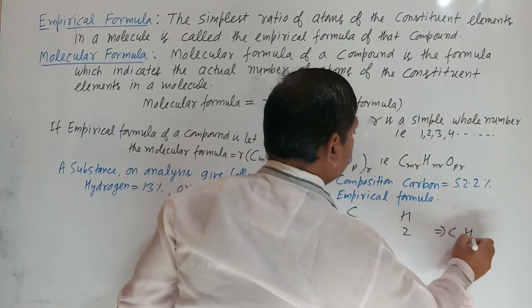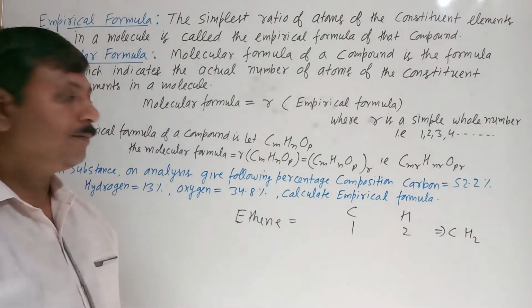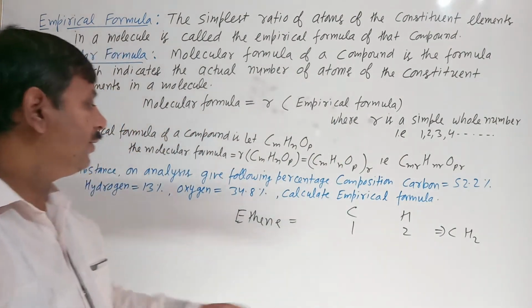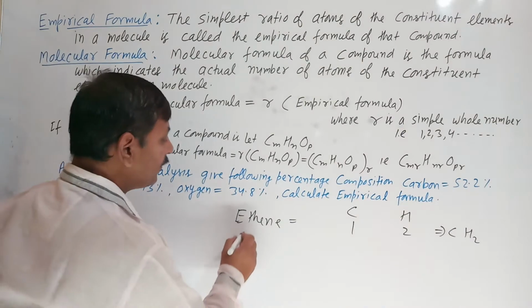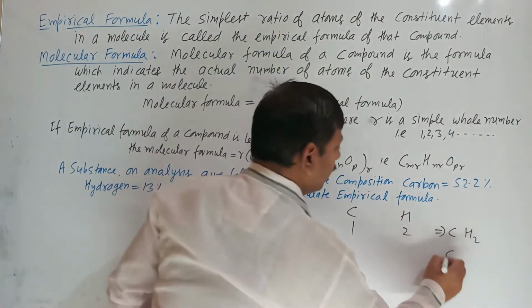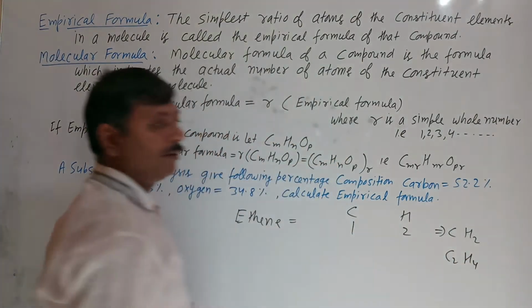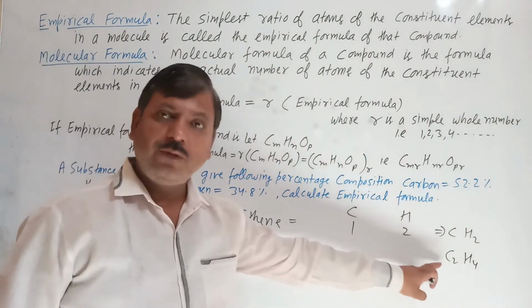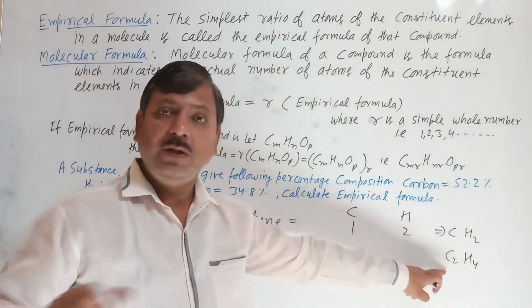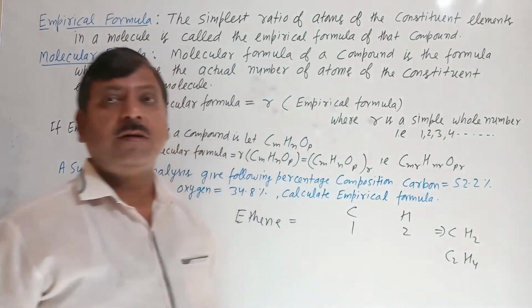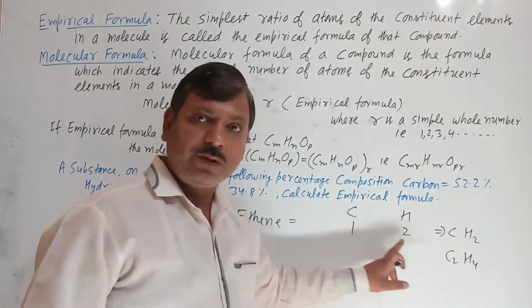Empirical formula will be CH2. But what will be the molecular formula of ethene? The molecular formula is C2H4. Actual number of carbon, 2 carbon are present and 4 hydrogen are present, but simple ratio is 1:2.